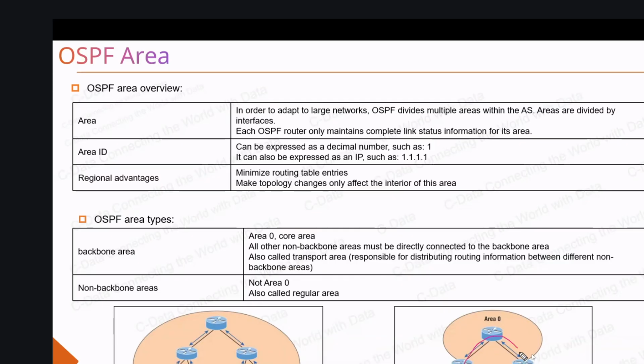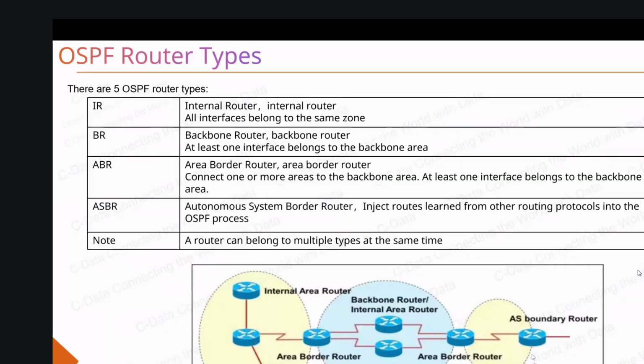Everything needs to go through area 0. So we call it the backbone area, and all the other areas we call non-backbone areas.